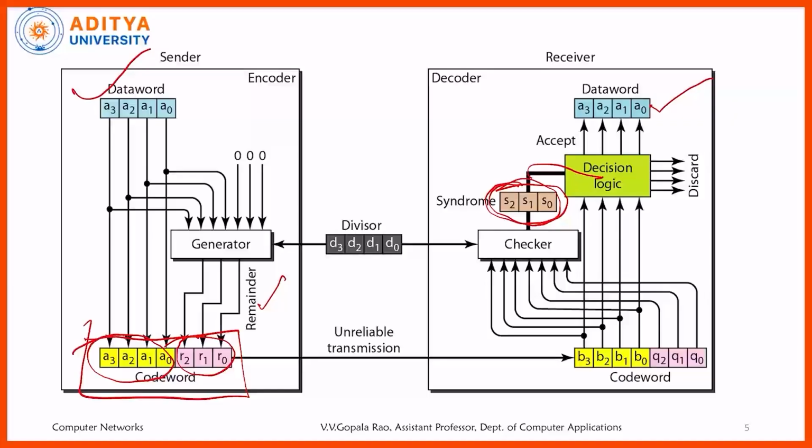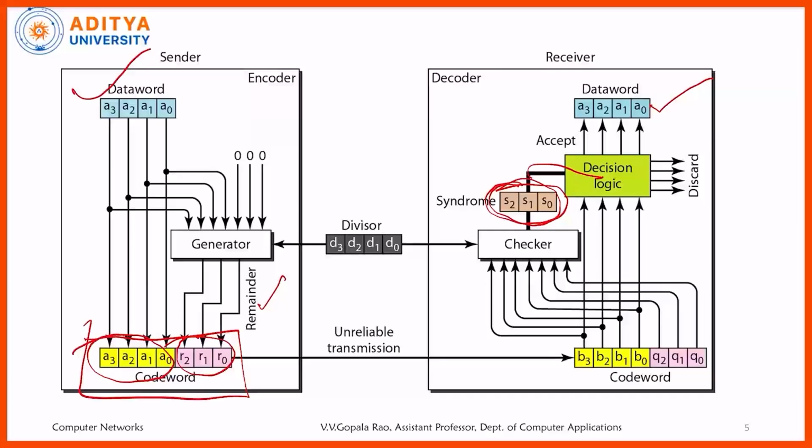Suppose the syndrome value is not 0, it is non-zero, and it is allowed for the decision logic. It is going to give a decision: don't accept, better you discard the data word which is in the transmission. So, that is the actual process at the receiver side by using a decoder, and already we have seen the process at the encoder at the sender side.